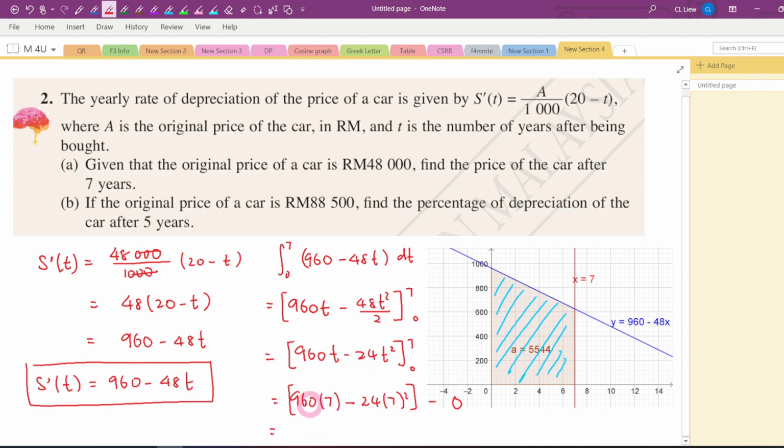So what do we need to do? Just press your calculator for this part. 960 times 7 minus 24 times 7 squared, which is equal to 5544. This is the total amount reduced. So now we can find the price of the car after 7 years.